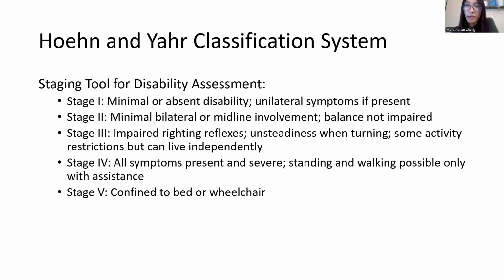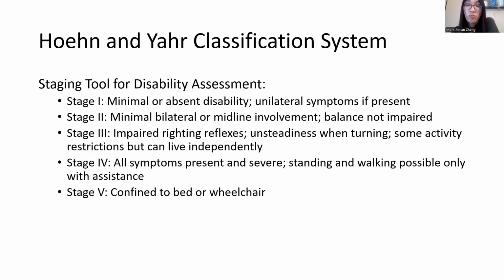Now, stage 3 is where we see the emergence of postural instability, impaired righting reflexes, and unsteadiness when turning or rising from the chair. Some activities become restricted, but patients can still live independently and may continue some forms of employment.